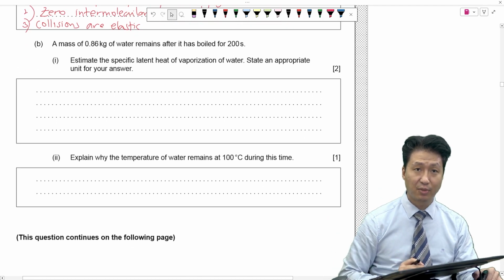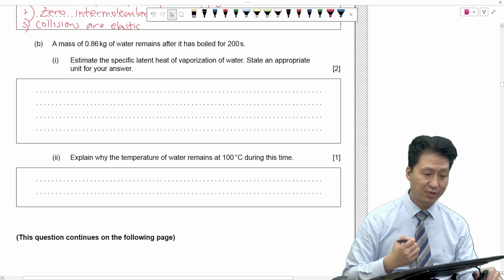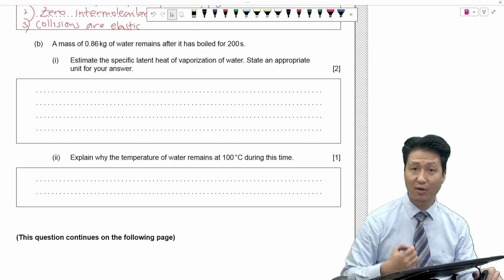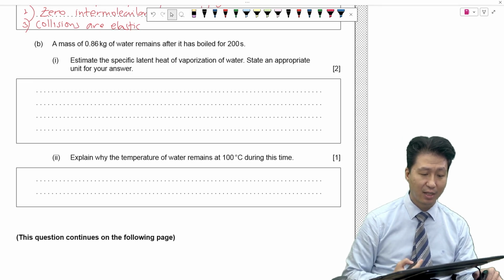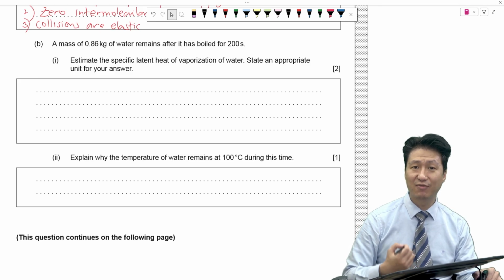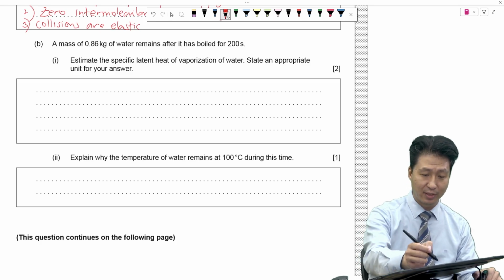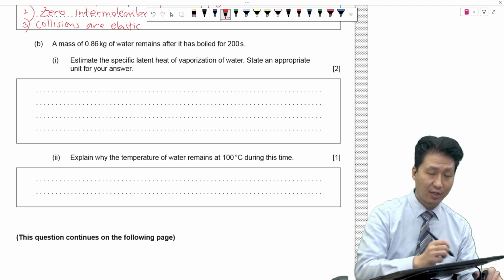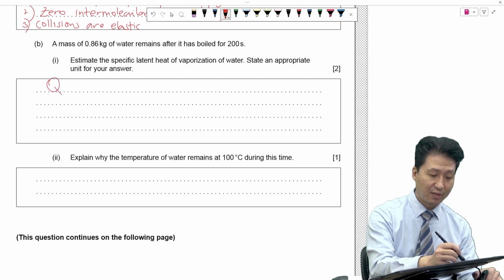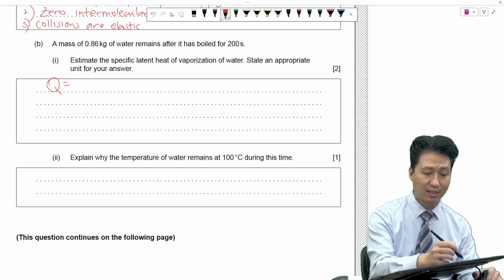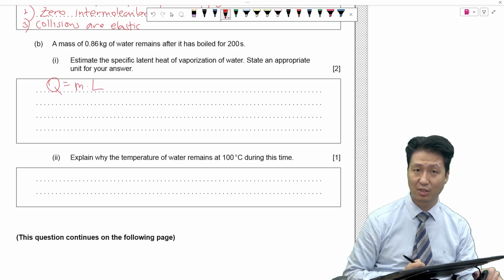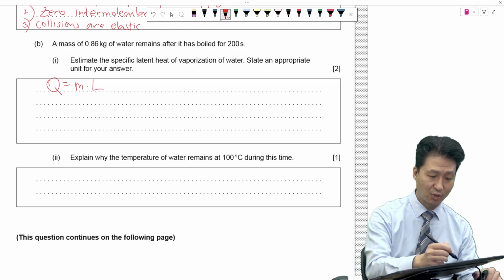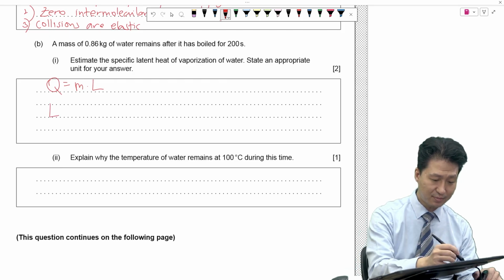But in part B, it says a mass of 0.86 kilograms of water remains after it has boiled for 200 seconds. Estimate the specific latent heat of vaporization of water and state an appropriate unit for your answer. So for vaporization, the heat required to vaporize a substance is equal to the mass of the substance times the latent heat of vaporization in this case.